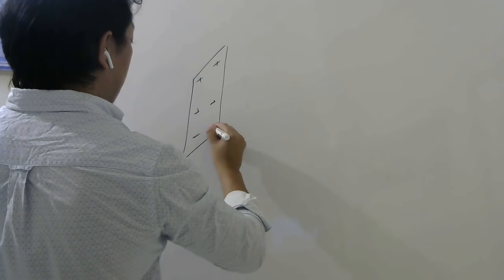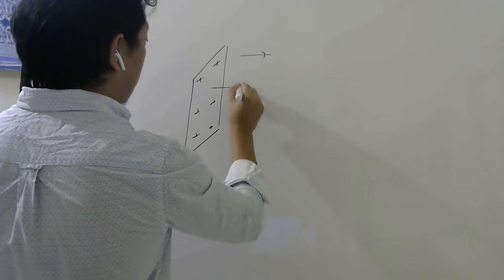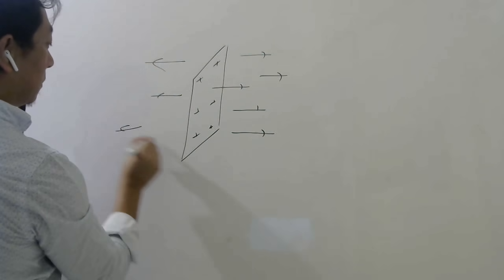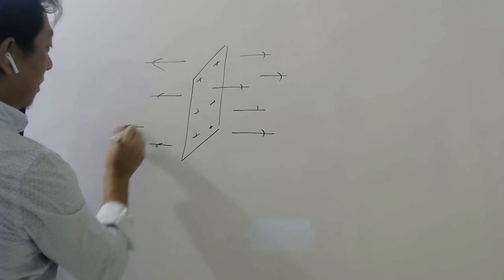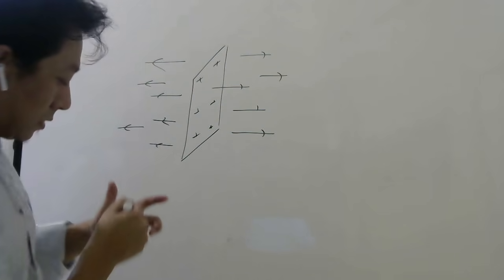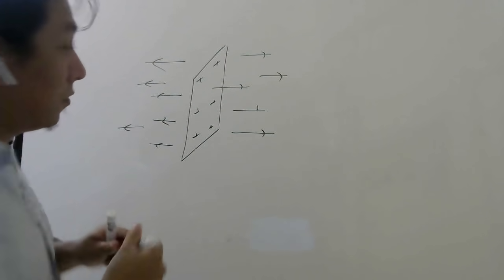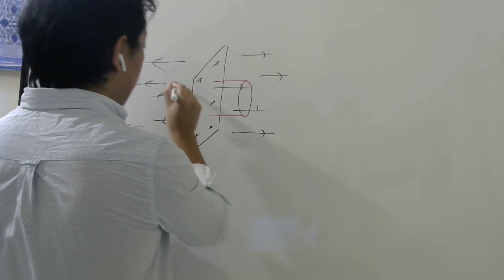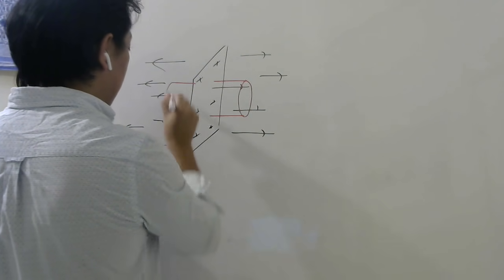Then the electric field will be like this everywhere, in space, in 3D. Now, what kind of Gaussian surface did we make? This kind of Gaussian surface: cylindrical but horizontal, like this.